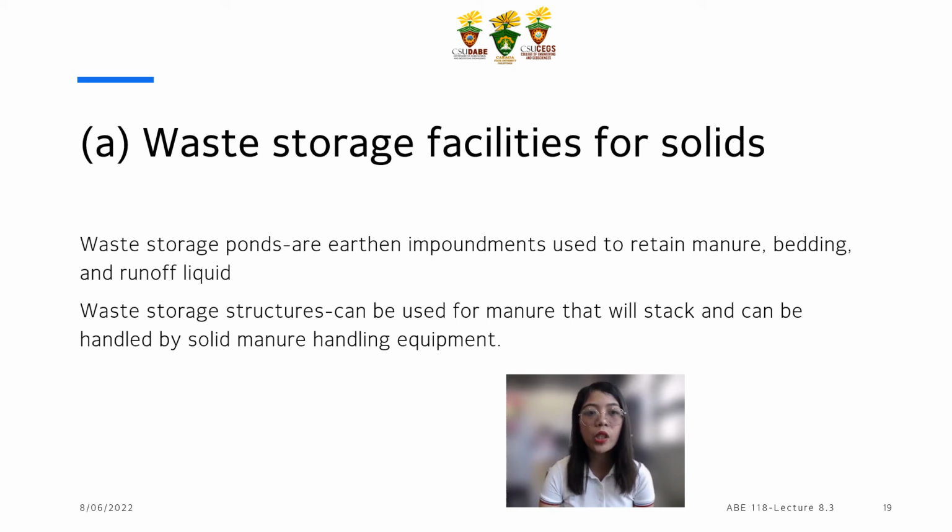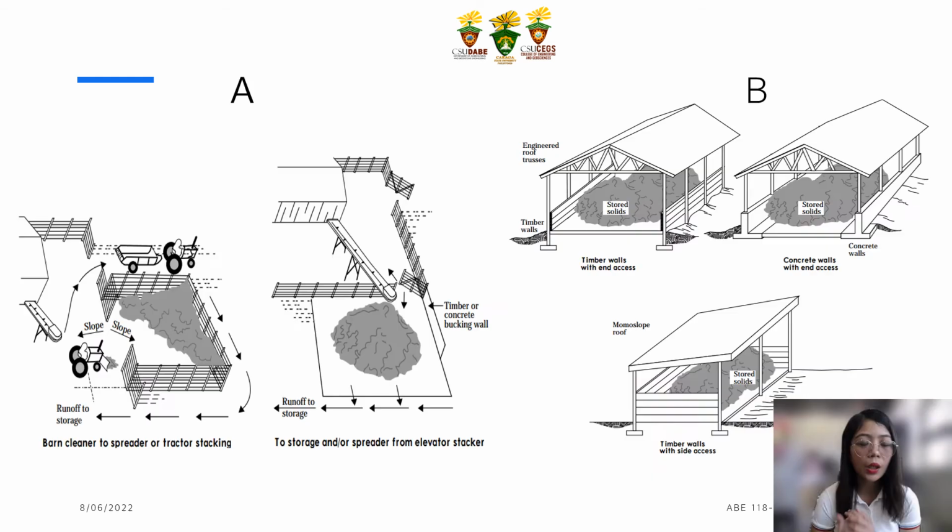So structures for open and covered stacks often have timber, or reinforced concrete, or concrete block sidewalls. So the amount of bedding material often dictates whether or not the manure can be handled as solids.